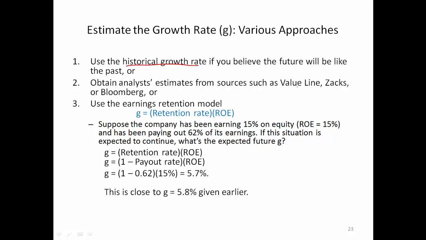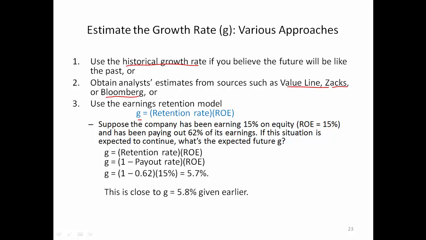Or you can go to Value Line or Zacks or Bloomberg to find what other analysts estimate as the company's dividend growth rate. The third approach is to use the earnings retention model, and in this model, the growth rate equals the retention rate multiplied by ROE.